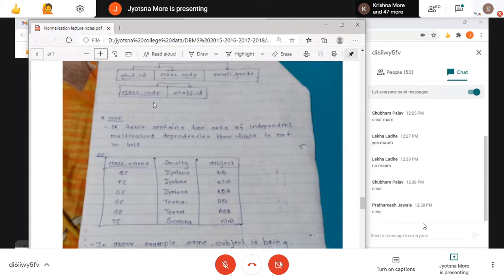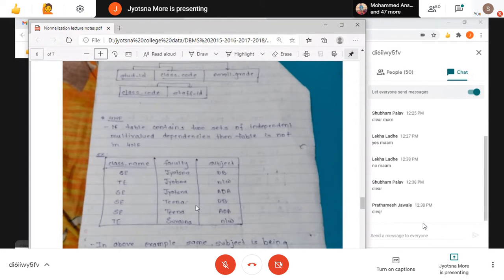Now in this table you can see we are having class name, faculty and subject. Class names are repeating, SE, TE. Faculty names are also repeating. Subject names are also repeating over here, DB, DB, network, network, AOA, right? So in this case, this is not in 4NF.